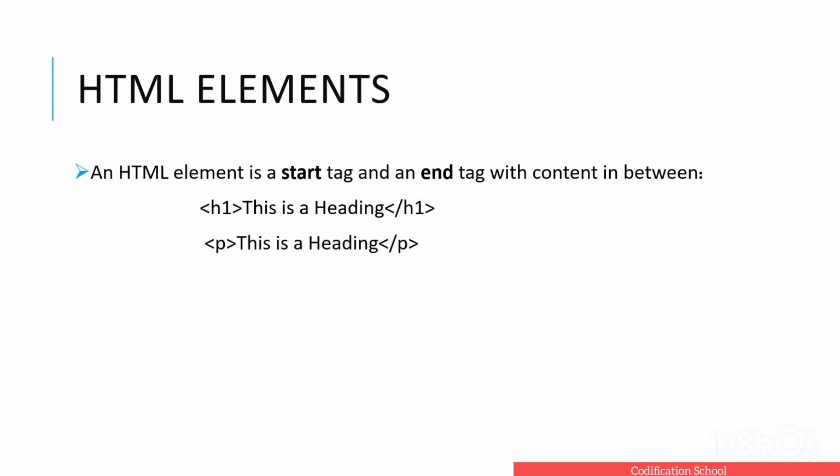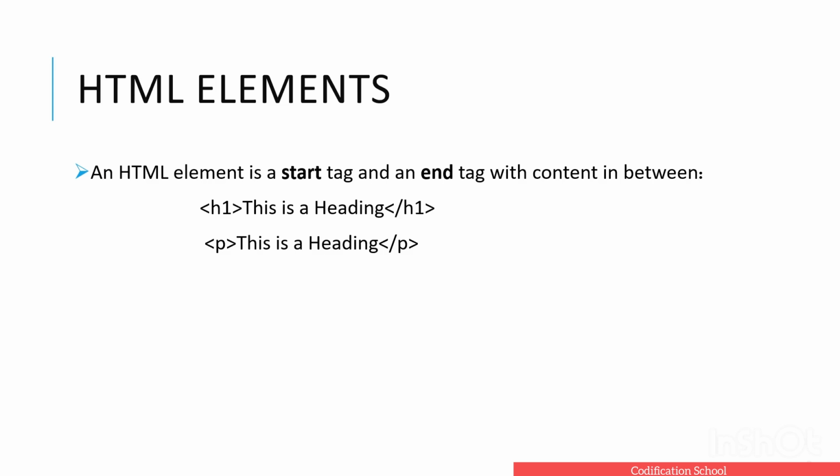So you have the start tag p and the end tag slash p, and the content, this is a paragraph, is in the middle of the two tags. So I hope it's very clear that we need a start tag and an end tag to put any content in between, and that indicates the start of the element and the end of the element.